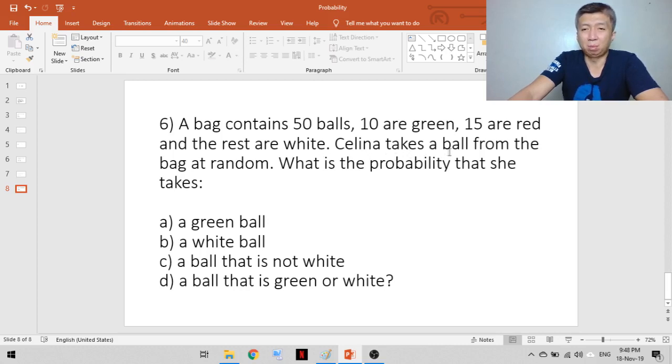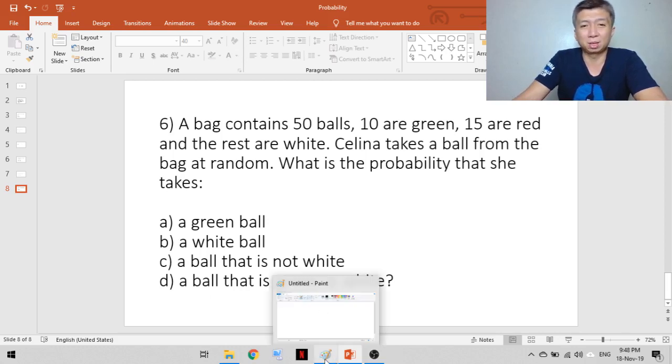Selena takes a ball from the bag at random. What is the probability that she takes letter A, a green ball, letter B, a white ball, letter C, a ball that is not white, and letter D, a ball that is green or white?